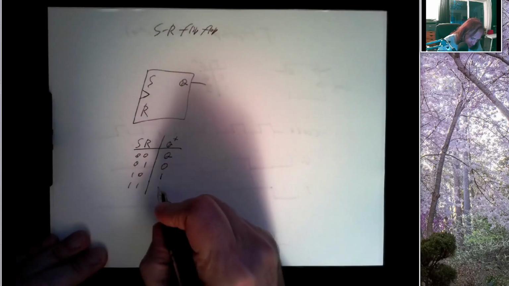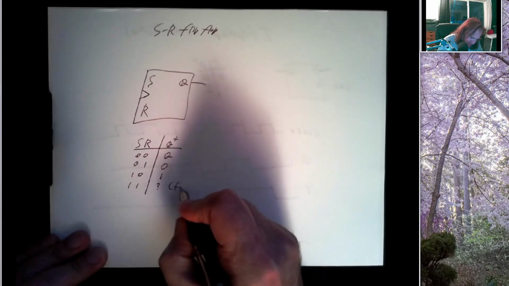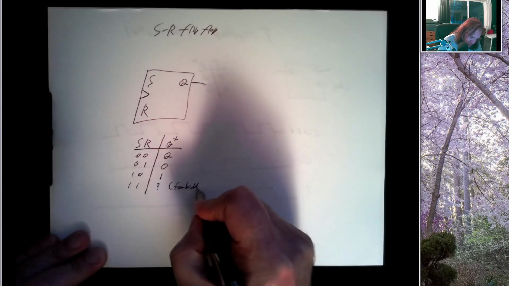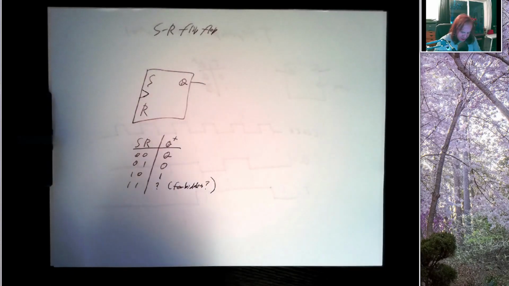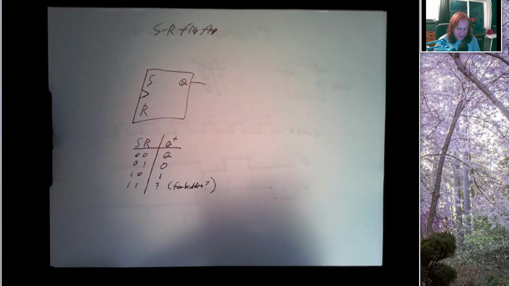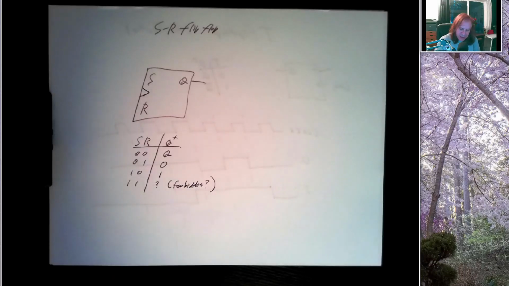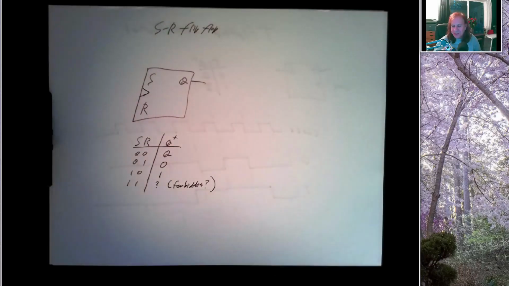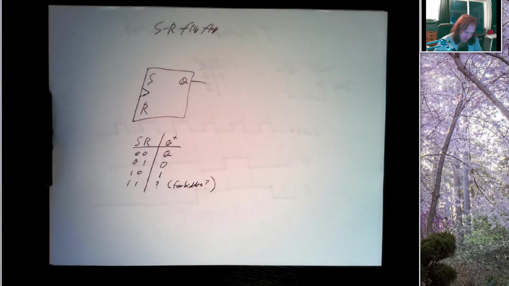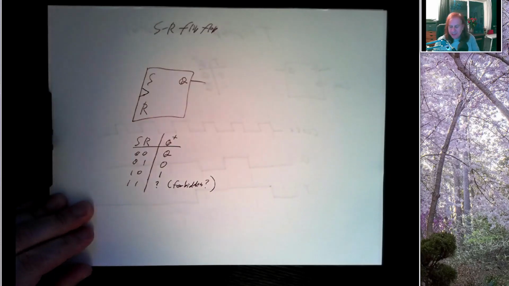Well, it depends. Sometimes this is called a forbidden state. It's a pair of input combinations that we might just say is never going to happen. Or the data sheet might specify, you know, set takes precedence, or maybe reset is dominant, or maybe it just freaks out and starts oscillating. So we'll usually just avoid this state where S is 1 and R is 1.